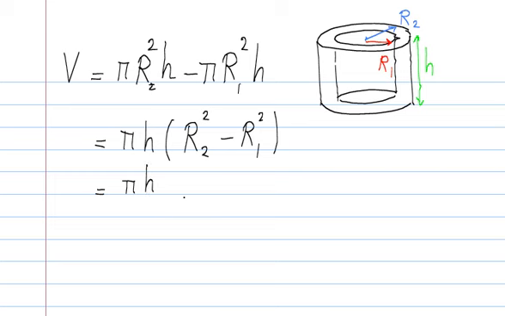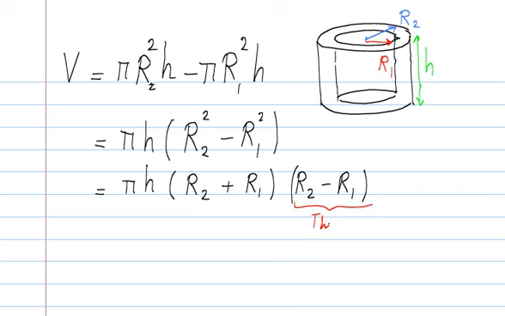Pi h times R2 plus R1 times R2 minus R1. Well, what is R2 minus R1? R2 minus R1 is just the thickness of this cylinder.